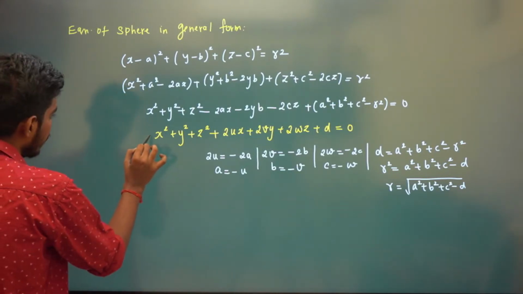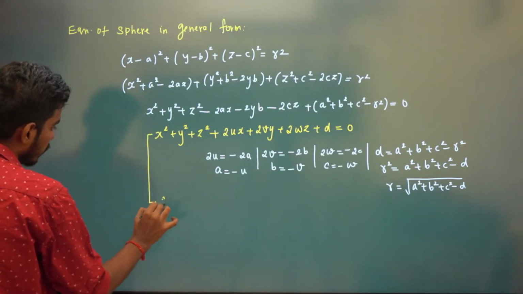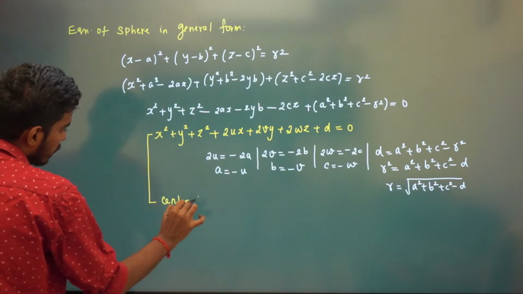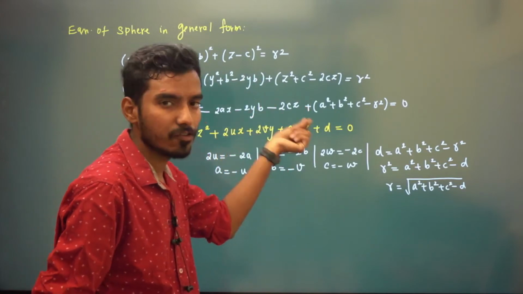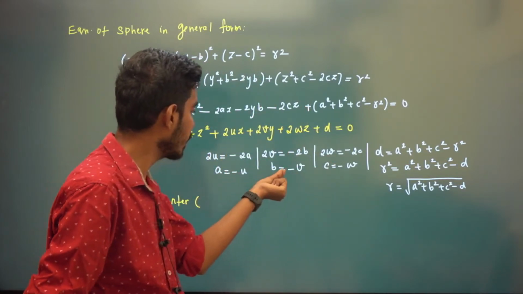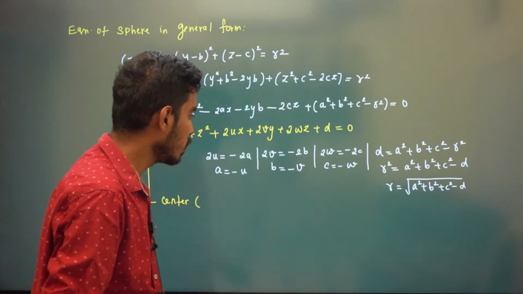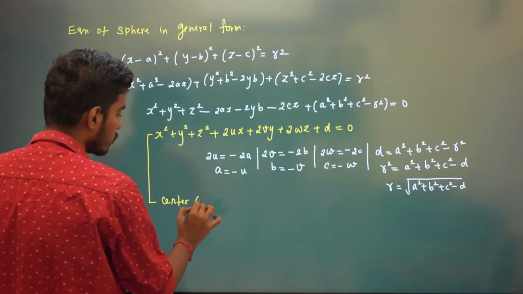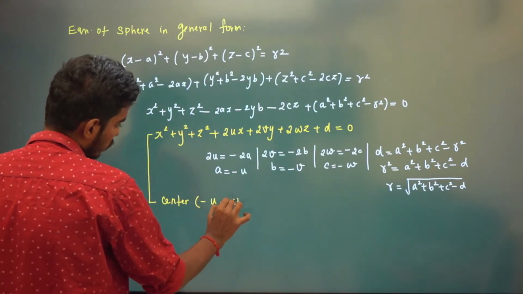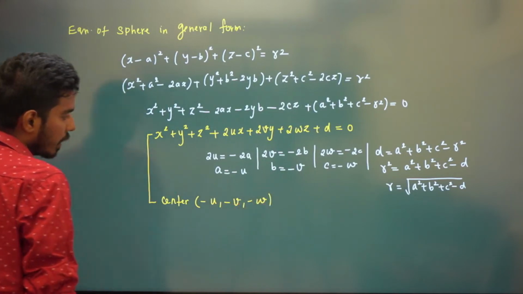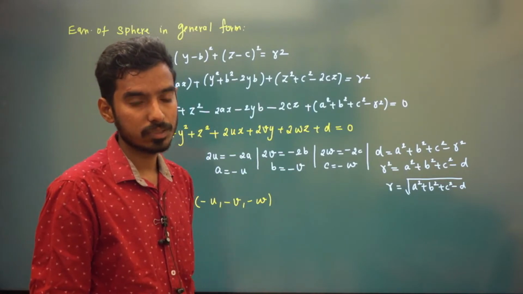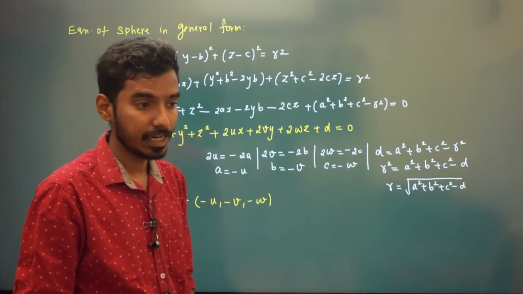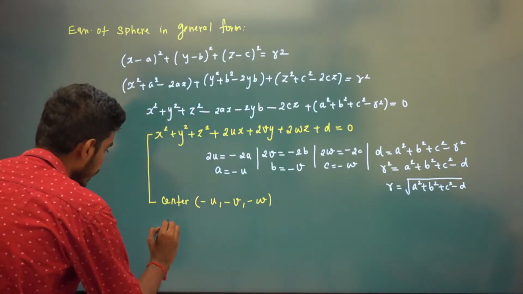What is the center? The center is (a, b, c), but here we are writing it in terms of u, v, w. So a is −u, b is −v, c is −w, so (−u, −v, −w) is the coordinate of the center of the sphere. And what is the radius?